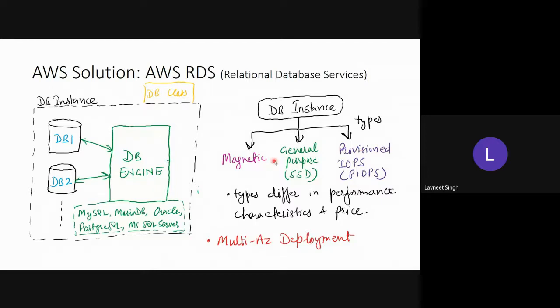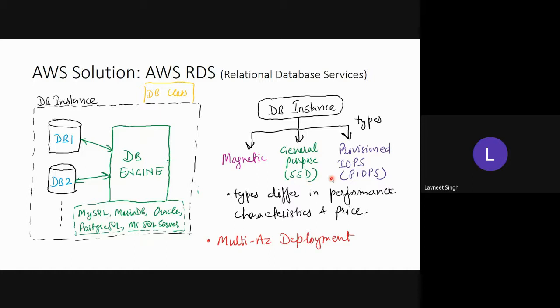These are different tiers or kinds of RDS that you can pick or create. For starting or small development tasks, you can use magnetic. For any other general purpose thing, you can use a general purpose instance.